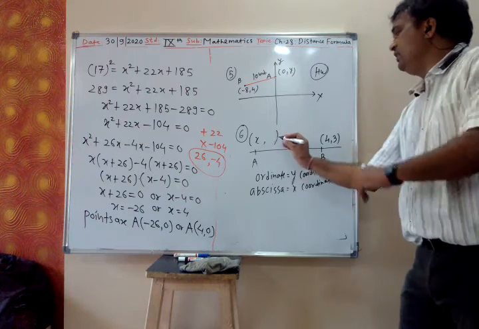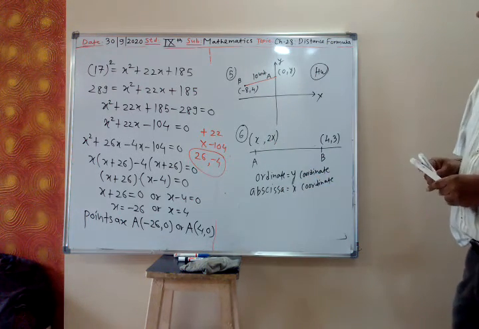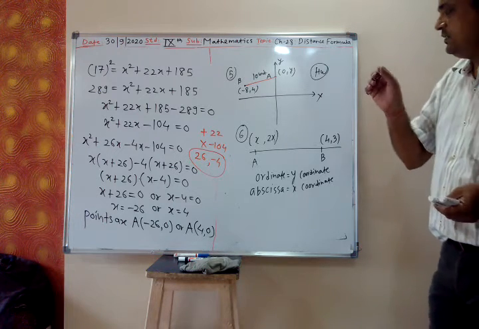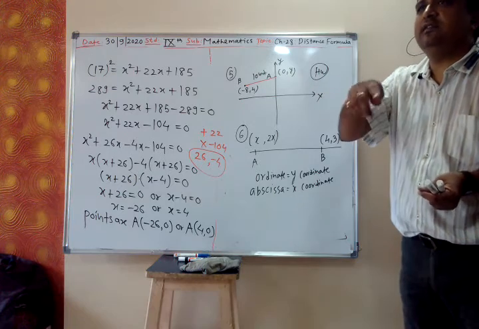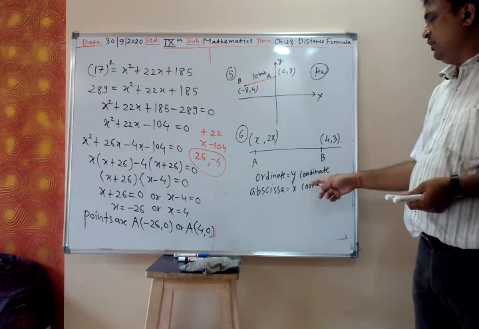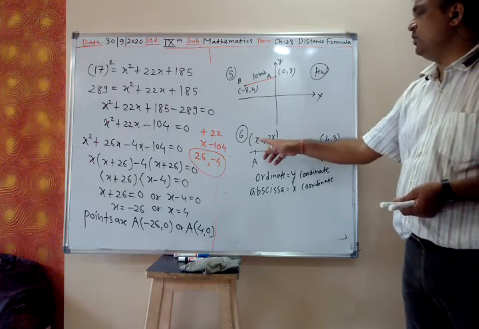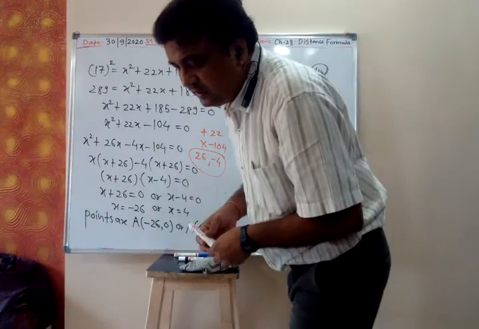Ordinate will be twice of that, so 2x. So x comma 2x. In simple language, it is given the y coordinate is double of the x coordinate. So if you take the x coordinate as x, y coordinate will be 2x. Now the distance between them is given.